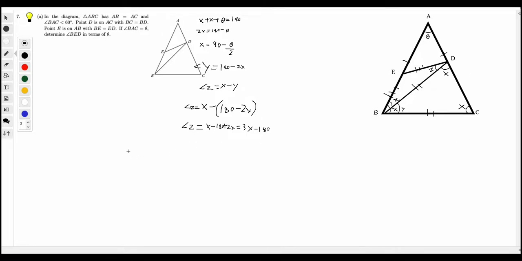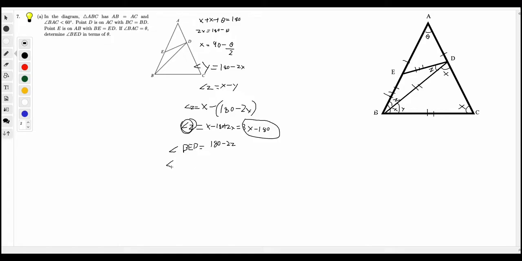So angle BED is equal to 180 minus 2z, which is this angle here. Since we already figured out the equation for z, which is 3x minus 180, we can plug it into this equation to find angle BED.